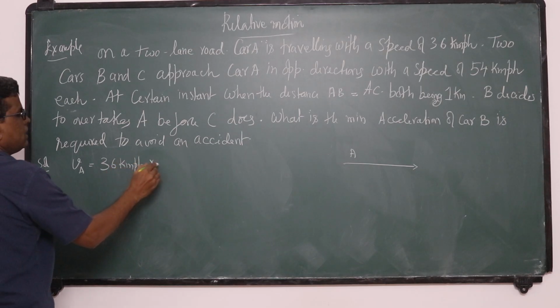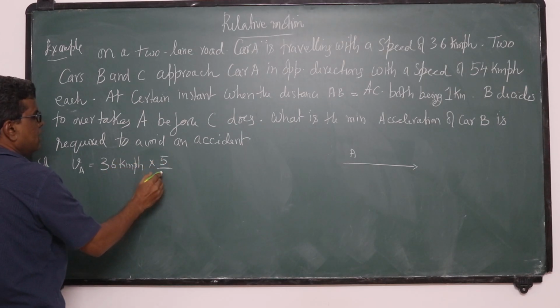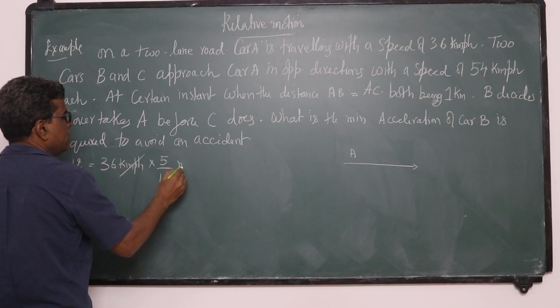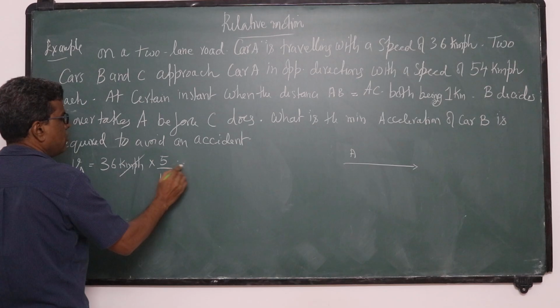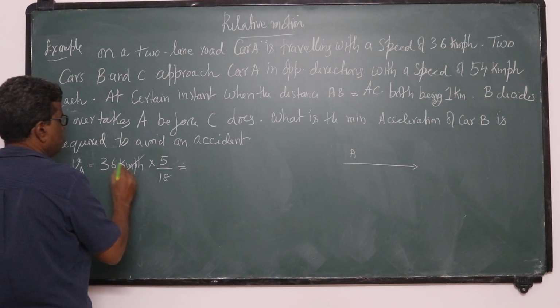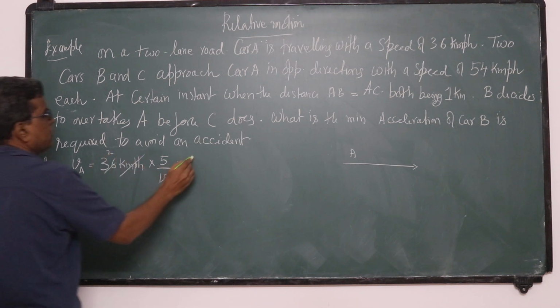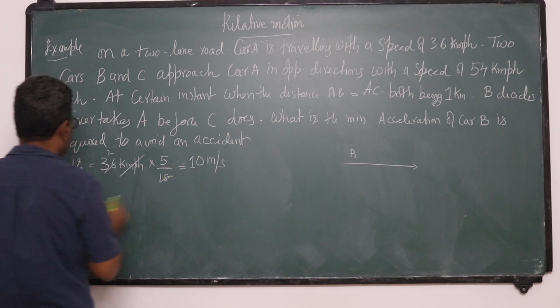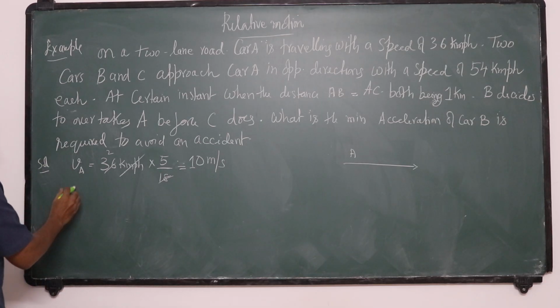You convert into meters per second by multiplying with 5 by 18. That gives 10 meters per second, the speed of car A.